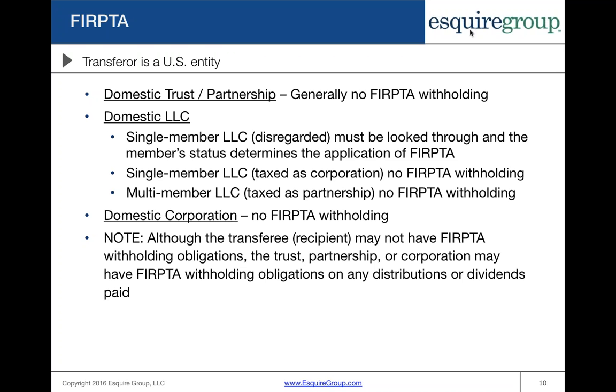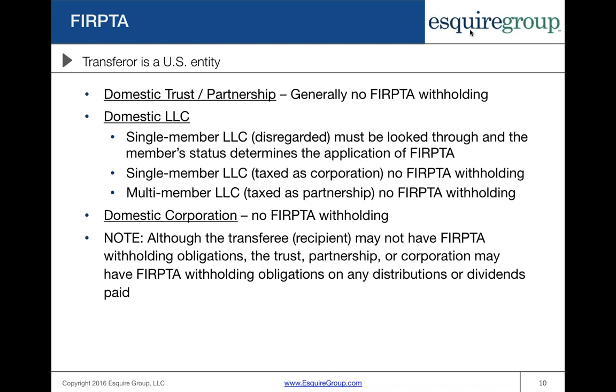So rather than paying $425,000 to the foreign person and $75,000 to the IRS, they would pay the full $500,000 to the partnership, and the partnership would be required to do the FIRPTA withholding and pay the IRS on behalf of the two foreign partners. So that's a little bit different, because in that instance, you still have 100% foreign ownership, but because it's through a U.S. partnership, the buyer would not be required to do the withholding.